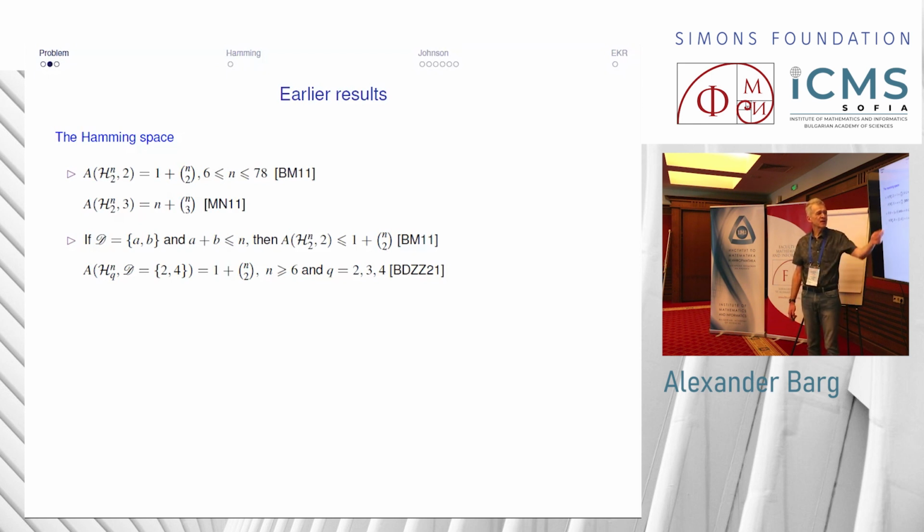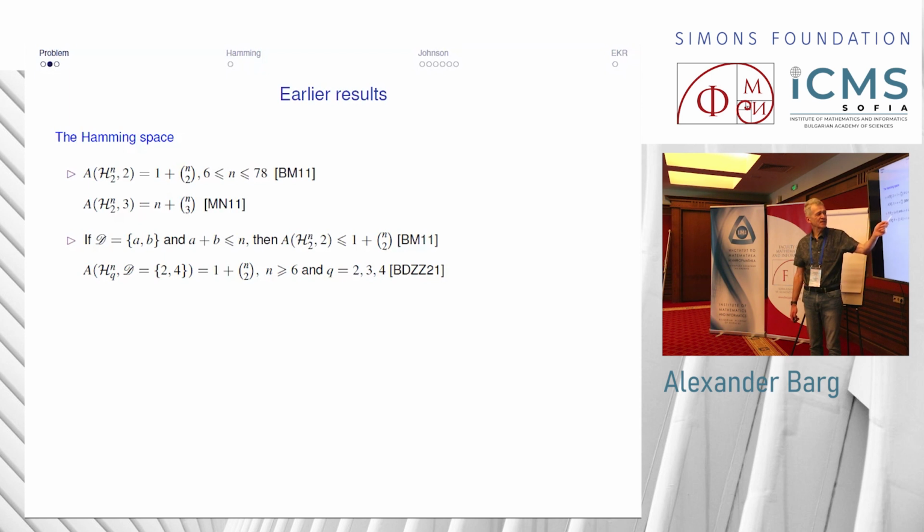Then Oleg and Hiroshi Nozaki obtained a similar result for 3 distances, and that was based on a beautiful extension of a result from Larman, Rogers, and Seidel about codes with few distances that Hiroshi came up with shortly before this work.